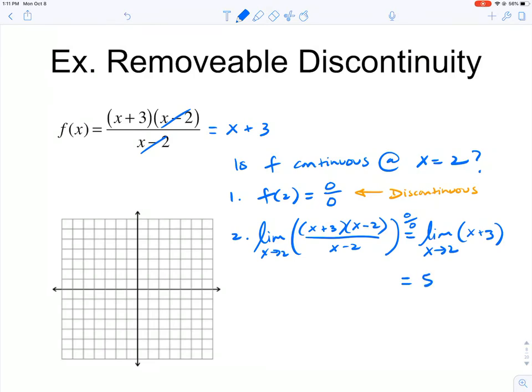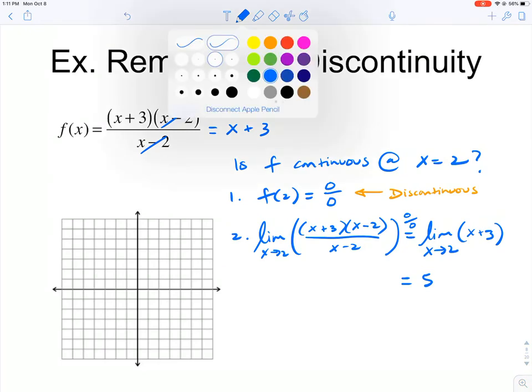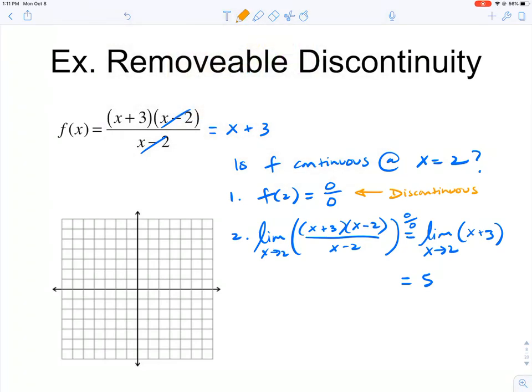The function is discontinuous at x equals 2 because we end up with 0 over 0 when we substitute 2 into the function. However, the limit exists. When the limit exists but is not equal to the function evaluated at that x value, we know that there is a removable discontinuity.